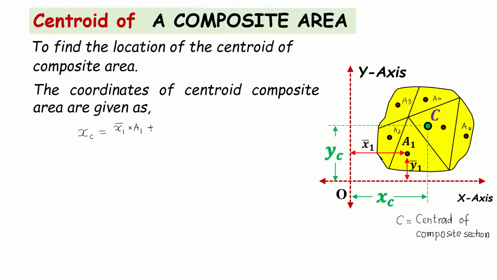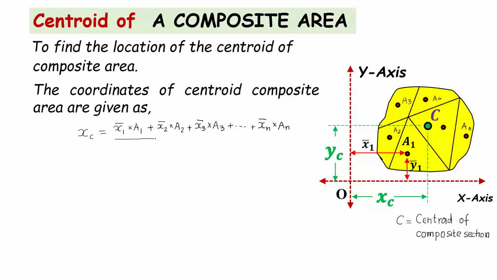Then for the second area, we take its moment of area, that is x2 bar multiplied by A2. And for the third one also we take the moment of area, A3. Like that, for all individual areas we are going to take the moment. For the nth area, we will have the moment xn bar and An.